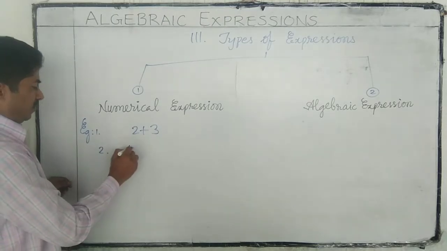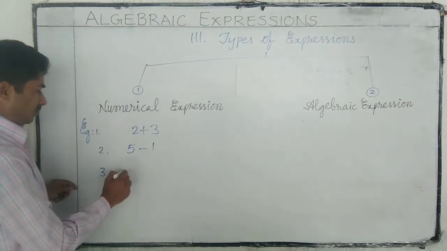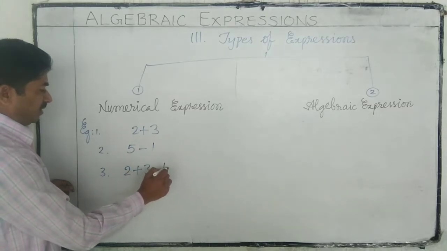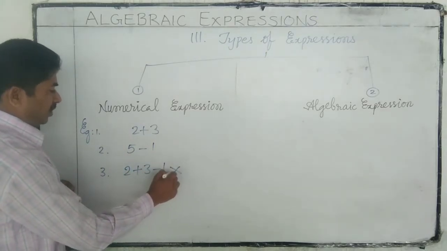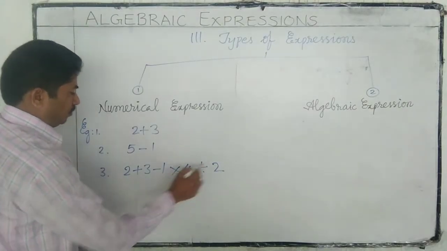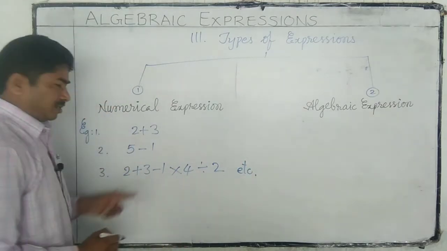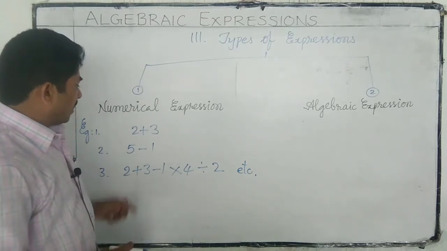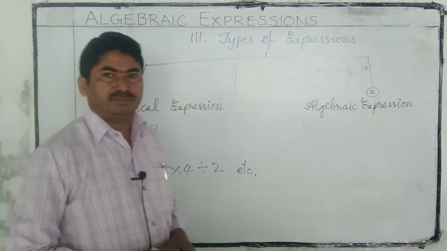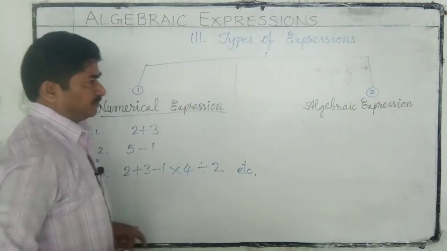Example 2, 5 minus 1. 2 plus 3 minus 1 into 4 divided by 2, etc. In these expressions, every term is a constant. These all are constant terms. So that's why these are called numerical expressions.